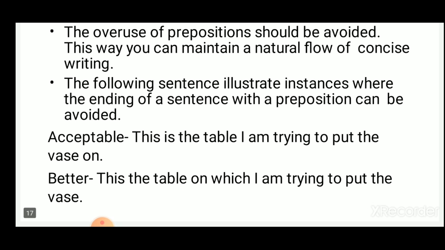And what is better? This is the table on which I am trying to put the vase. So the excessive or superfluous use of on is being omitted here, and the better use is to avoid the preposition on at the end of the sentence.